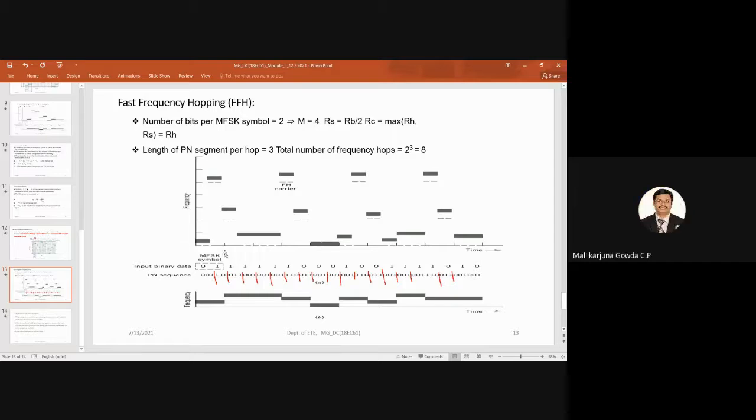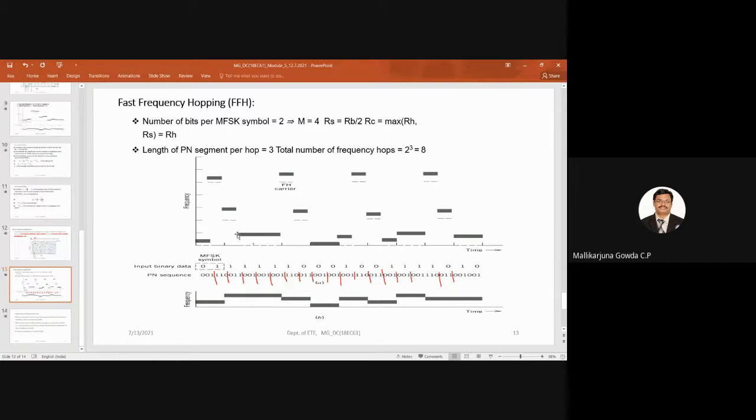Yes, for the first symbol, I hope everybody has understood. 3 hops for this symbol 0, 1. What are those 3 hopping frequencies? FC1, FC6, then FC3. For the next symbol 1, 1, the hopping frequency is FC1 only. See, 3 FC1 are there, 001, 001, 001.